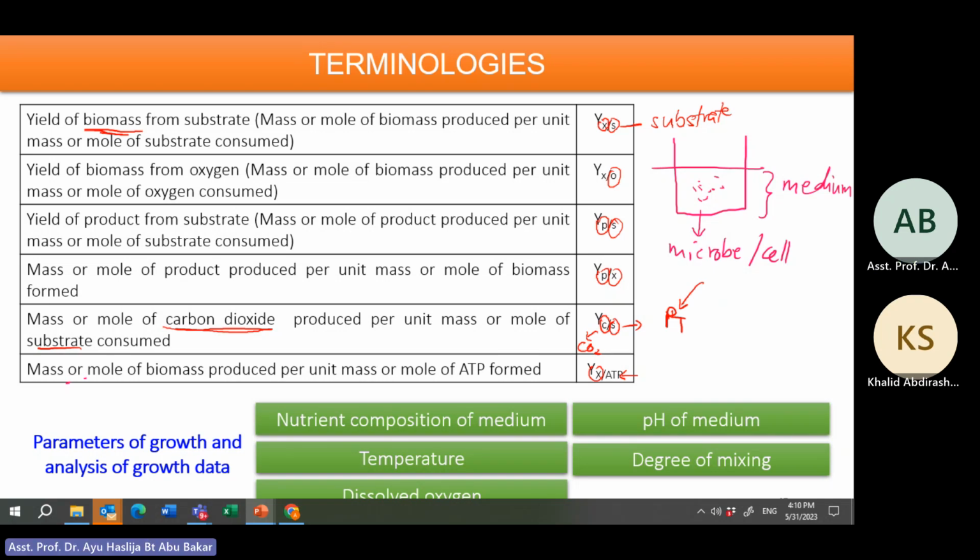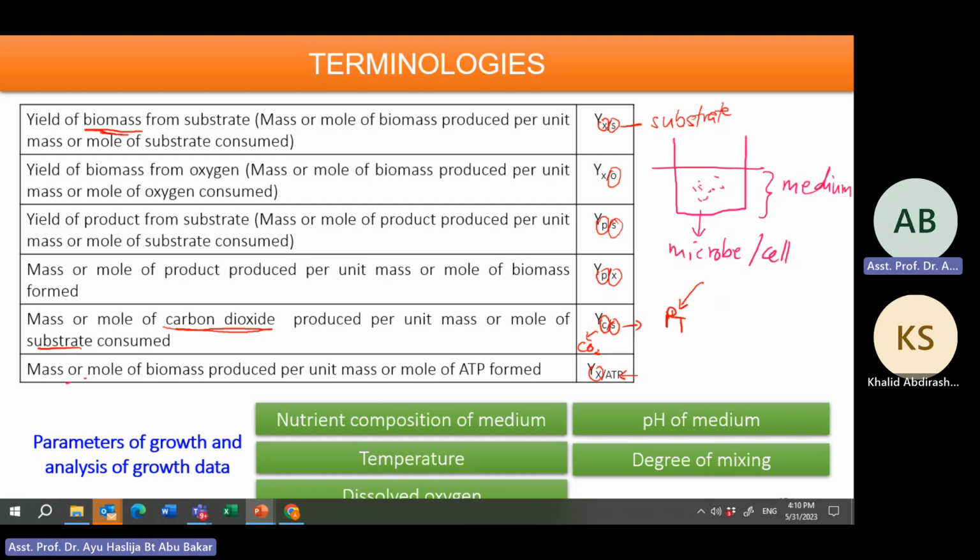It will die. So if it dies, what will happen? The process won't occur, so there will be no product. The important thing here is that the microbe is the one that helps to produce the product. So if you don't take care of the microbe, it won't produce the product that you need.